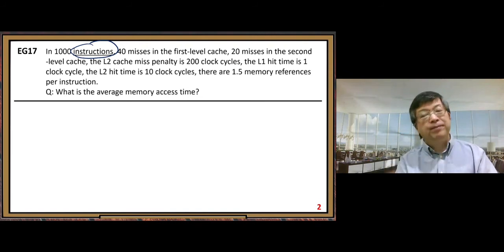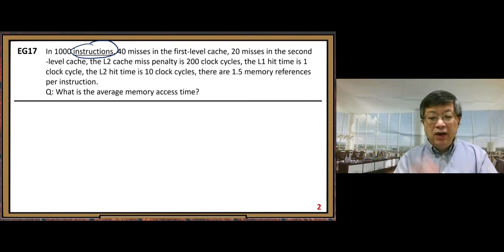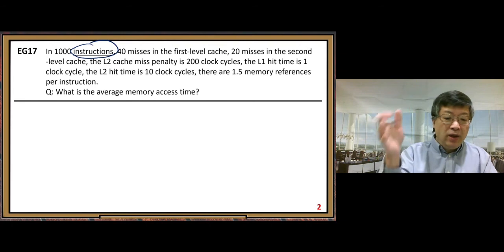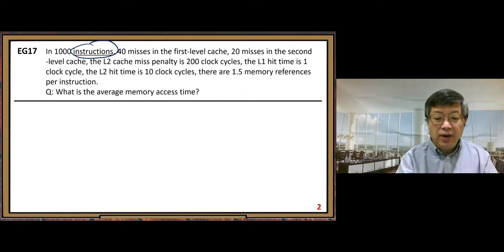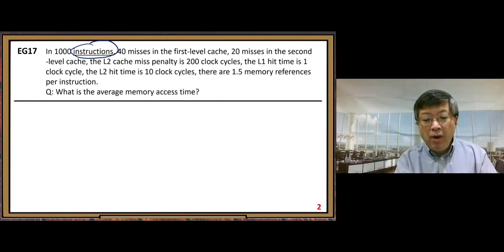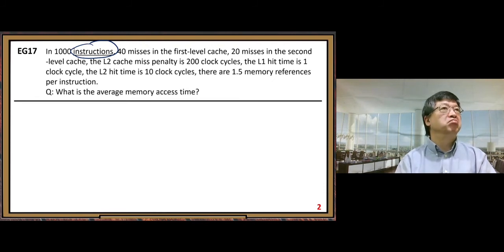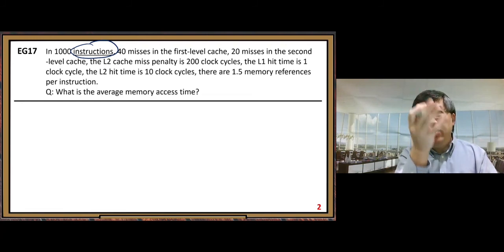That's one place people can easily get wrong. 40 misses at the first level, 20 misses at the second level, the same as before. The L2 miss penalty, L1 hit time, and L2 hit time are the same as before. But there is one new thing given: 1.5 memory references per instruction.